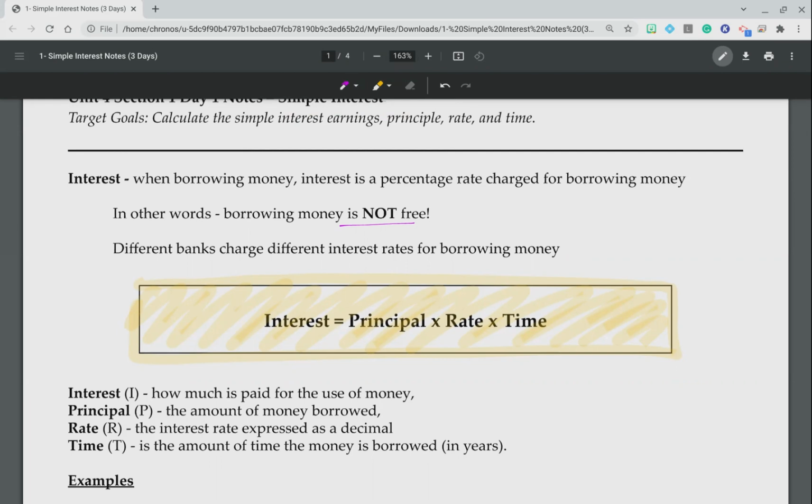And the last thing is time. The important thing about time, this is how long the money is borrowed, but it has to be in years. So the short way to remember this formula is I equals PRT. The interest equals the principal times the rate times the time.